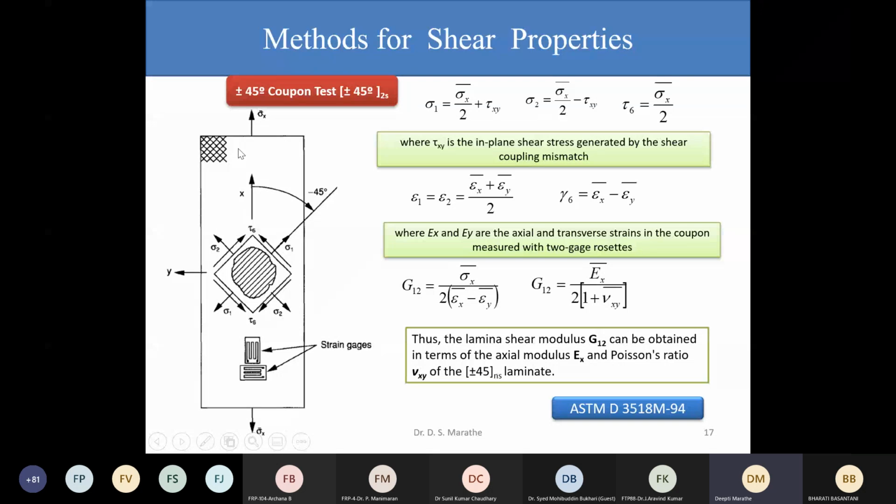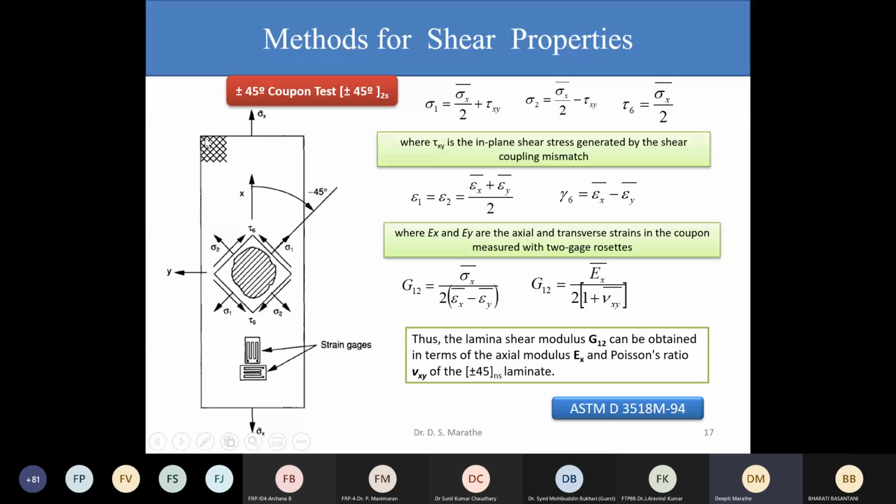On this, I have two strain gauges, one to determine the strain in this direction, say X, the other to determine the strain in the direction Y. In this test, the laminate is placed in a tensile testing machine and pulled in this particular direction.